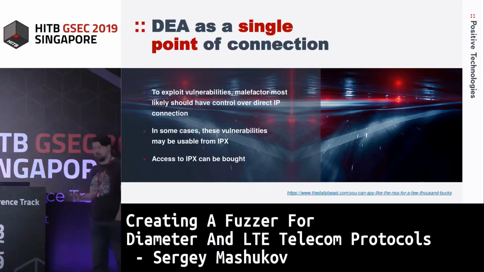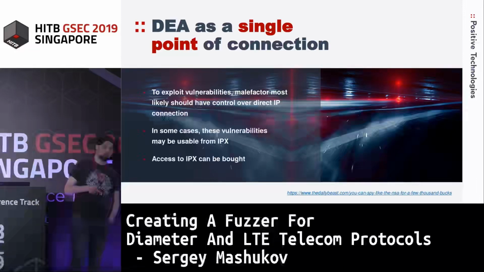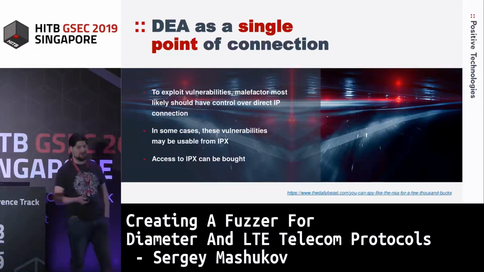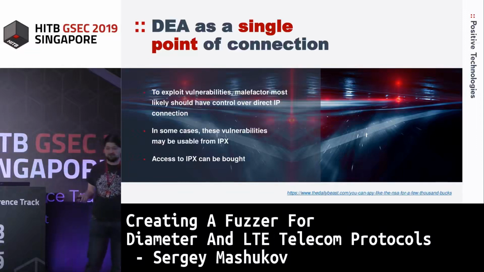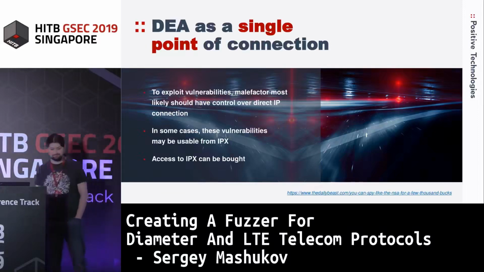So if you have a connection to it, you have a connection to any operator. And the scary part is that you can buy access to IPX right now. We have our own access for our audit service, and if we as a company have it, I don't see why any other company or individual can't buy it.